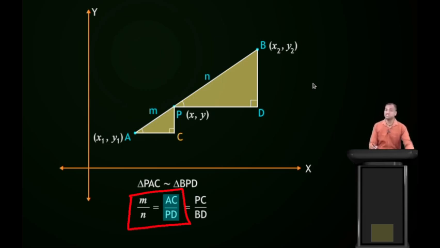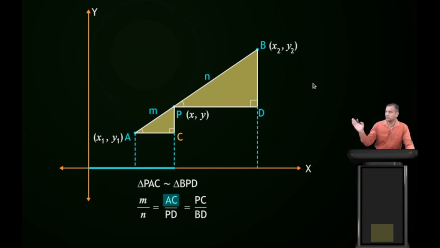Now what is the value of AC? You can find the value of AC. AC equals the distance of OP, which is x, minus the distance of OA, which is x1.